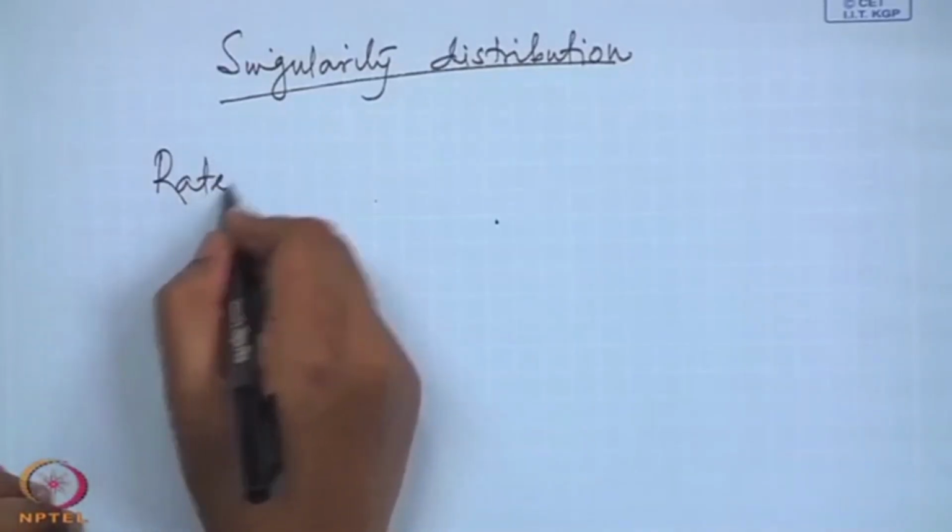Proceeding this way, when dV approaches 0, delta will approach infinity. However, the product still remains delta into dV, whatever we originally had. That is what we are going to consider: at one point the rate of expansion is infinite, everywhere else it is 0.